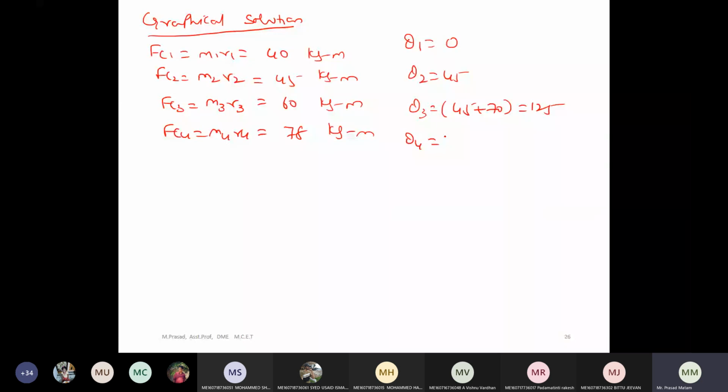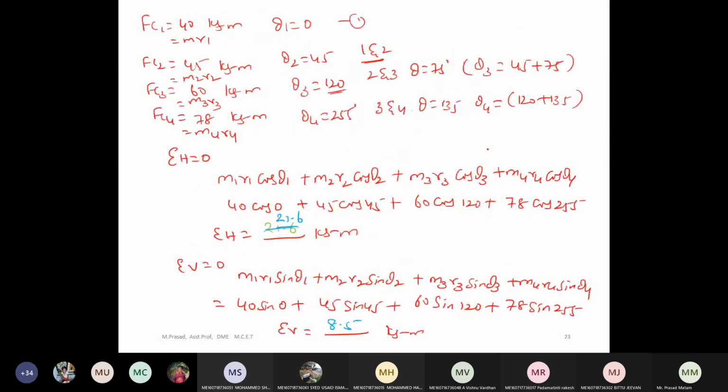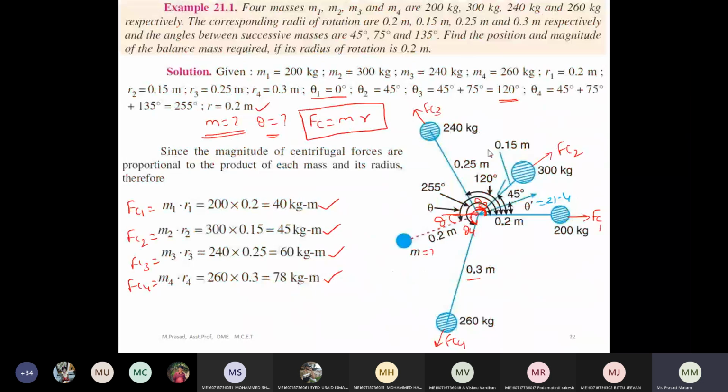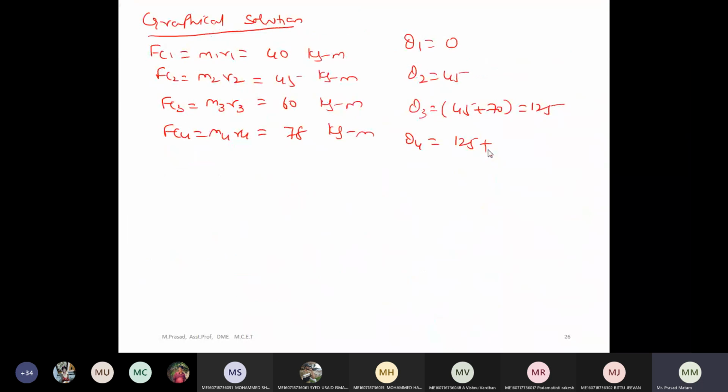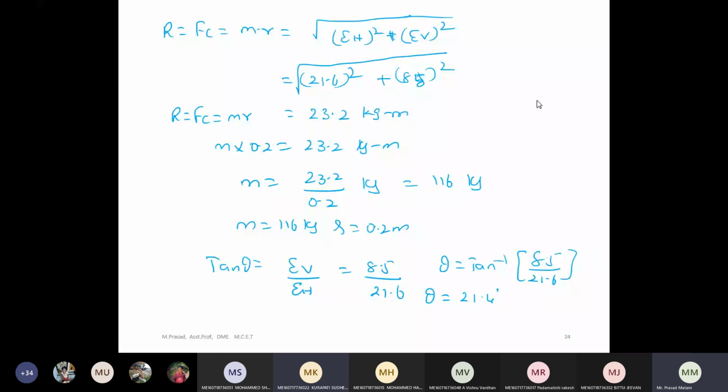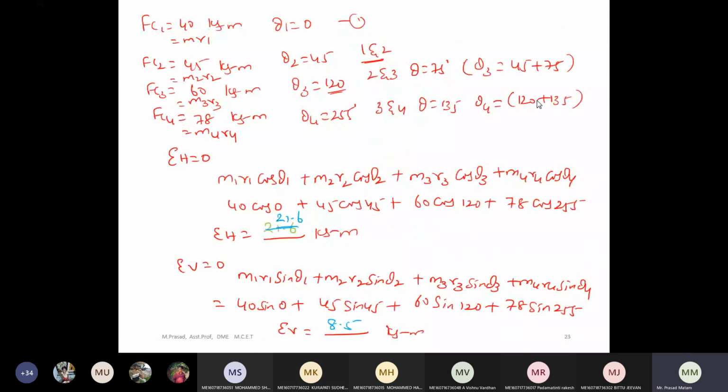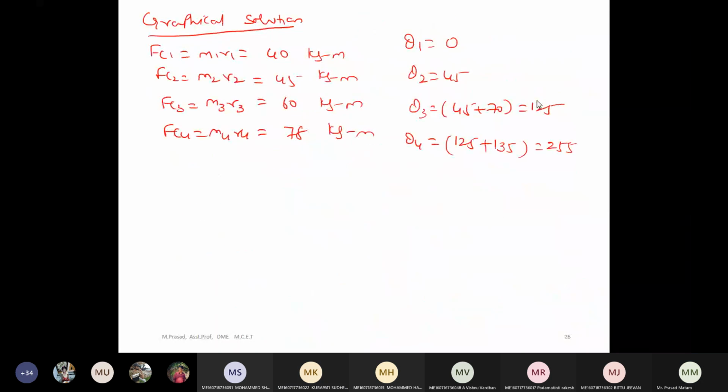And theta 4 is equal to, between 3 and 4, what is the angle made? 125 plus 130, 155, I think it is. How much angle? 135 degrees. Sir, just tell me, theta 3 is 120, sir. 45 plus 70, yeah, 75 it is given. Right, sir. One second, let me cross check. 75 it is. Okay, thank you.